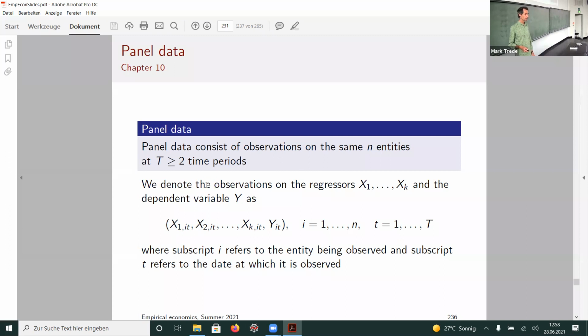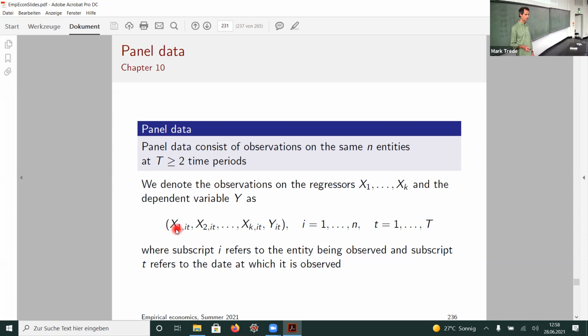All right, so let's ignore the problem of the endogeneity issue, and let's go back to the simple multivariate regression model, where we have k regressors, x1 up to xk, and 1 endogenous variable, y. Right, so now we have many individuals and many time periods, and therefore we need a way to write that down in general. And the notation that's usually used is this one here. So we write x with 3 subindices.